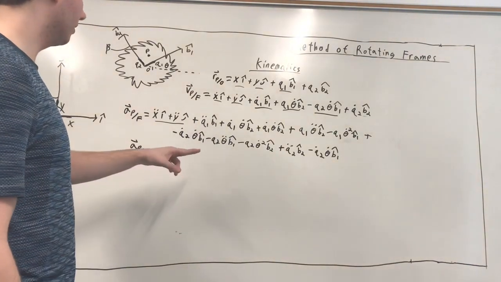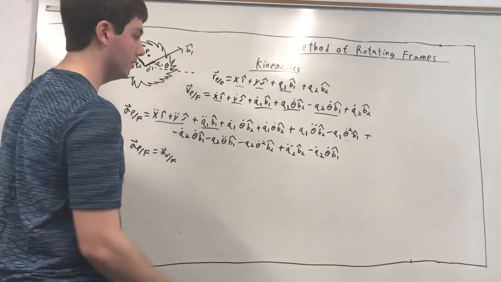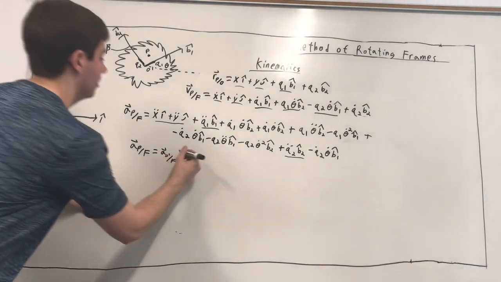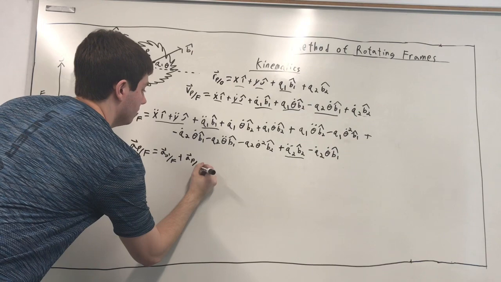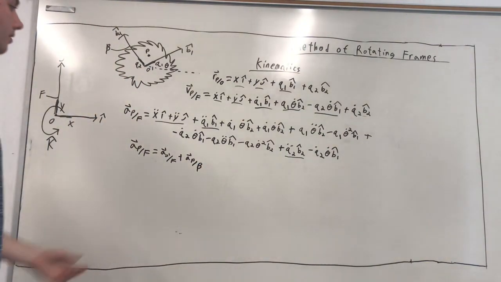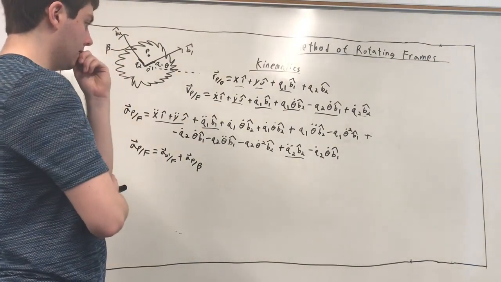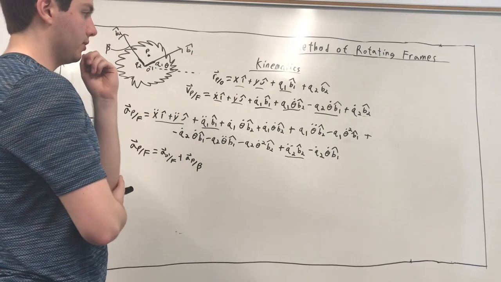So the next one you want to look at is, let's see, here's your q1 double dot, let's find that q2 double dot over here, and that will give you the acceleration of P with respect to the B frame. So yeah, 2 terms down. Let's see, what do we want to do next? Let's take care of the squared ones next.